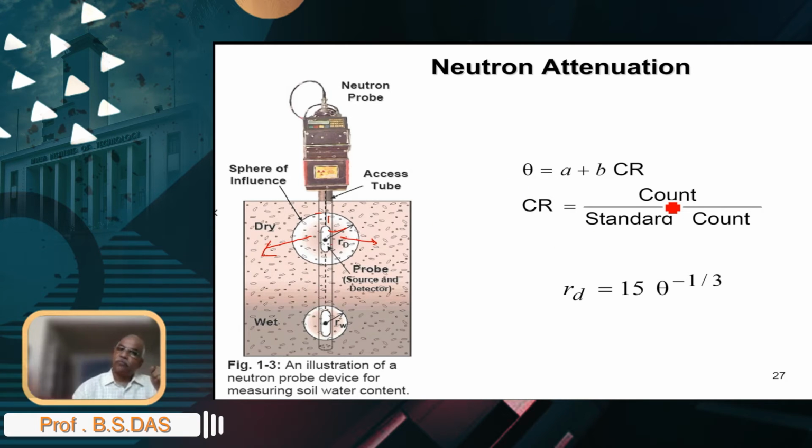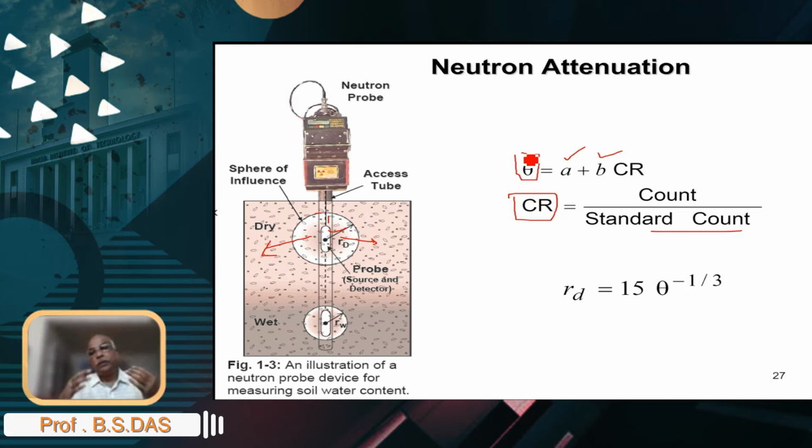The source is always decaying, so the number of fast neutrons it can produce gets reduced over time, and you need to measure the standard count before you do the measurement. Once the thermal neutrons are measured using the detector, you get a count ratio, and this count ratio is fed into the standard curve equation that you generated earlier in the calibration process, and you then get the water content measurement.